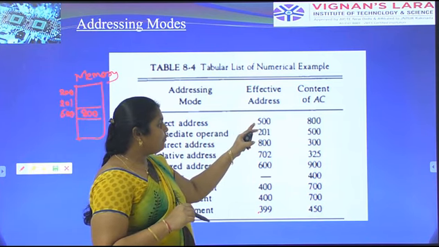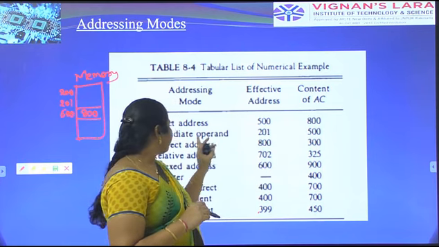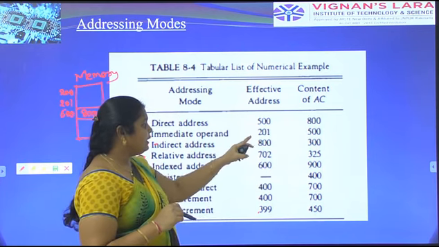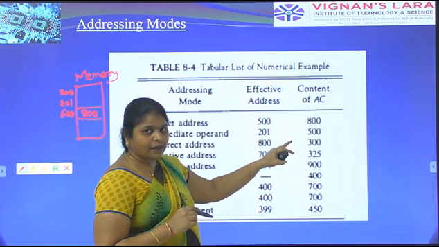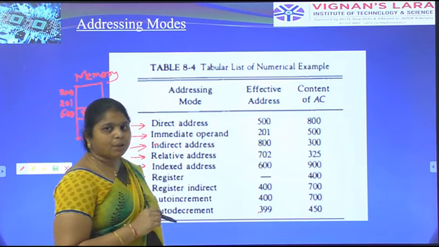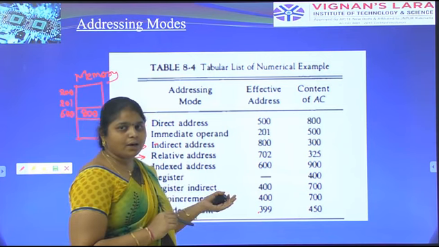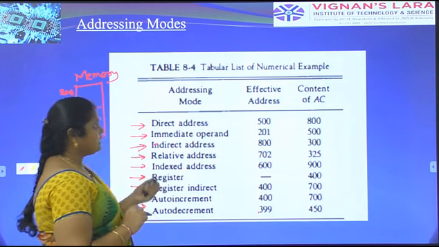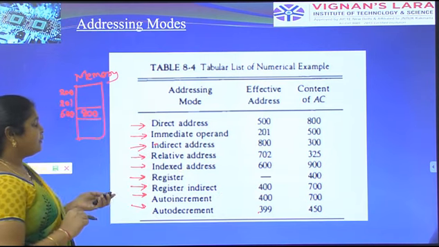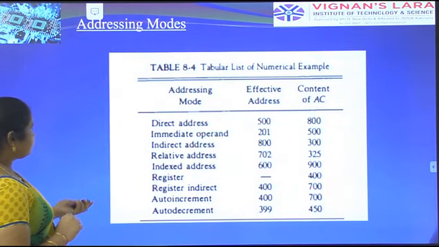In the direct address 500, the content is 800. In immediate operand, 201 is the address, and in that 201 the content is 500. Like that, we have to implement the table showing which addressing mode has which effective address and what content is available at that address. This is a table represented by using the numerical addressing modes.